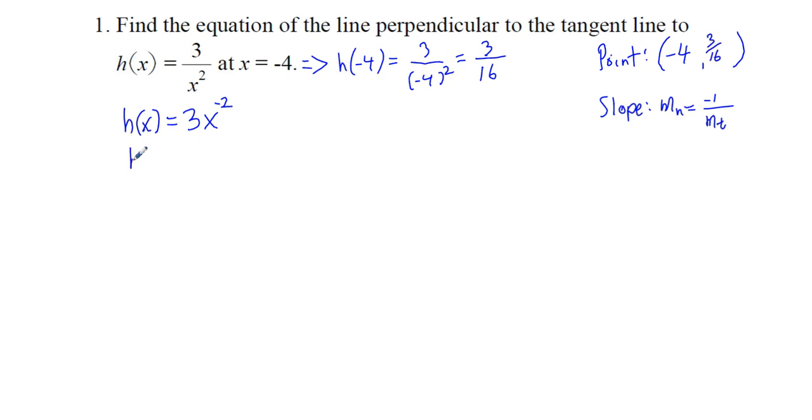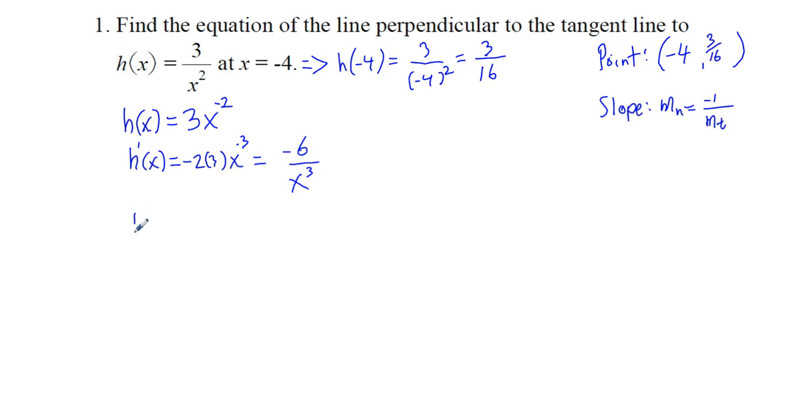Now we're going to take the first derivative of this function. So we have negative 2 times 3 x to the, we have negative 2 minus 1, which is negative 3. So we're going to have negative 6 over x to the third power.